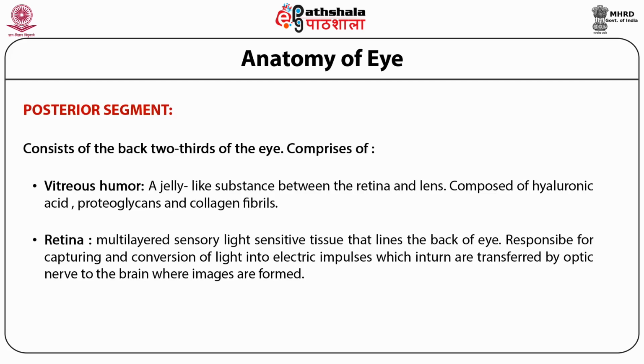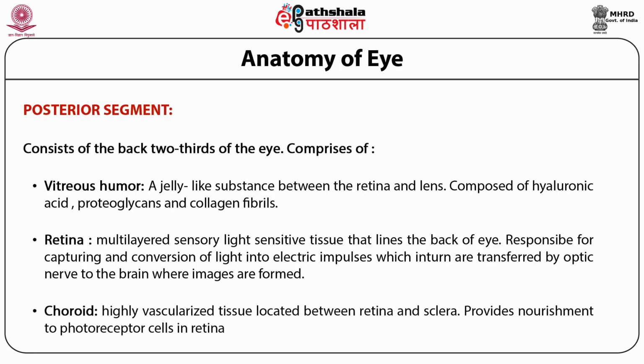The retina is organized into a neural layer in the middle, pigmented epithelium, and millions of photoreceptors. The photoreceptors are responsible for capturing and conversion of light into electric impulses, which in turn are transferred by optic nerve to the brain where images are formed. Choroid is a highly vascularized tissue located between retina and sclera and acts majorly to provide nourishment to the photoreceptor cells in the retina.